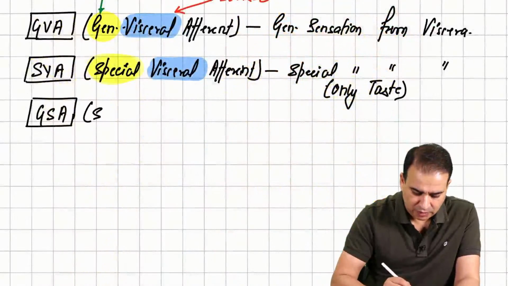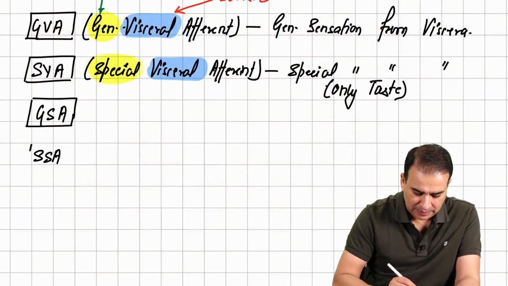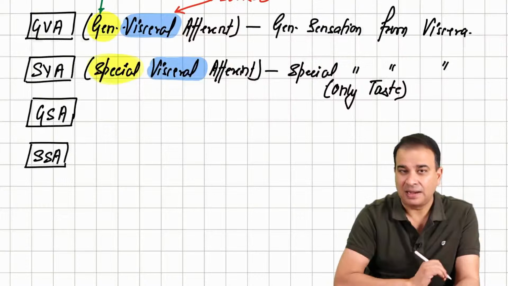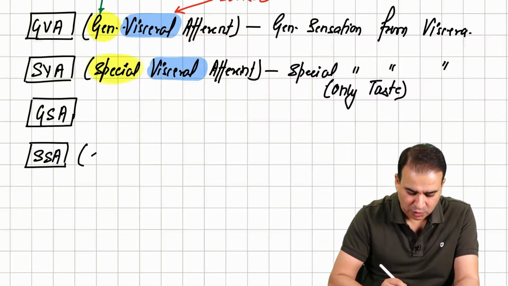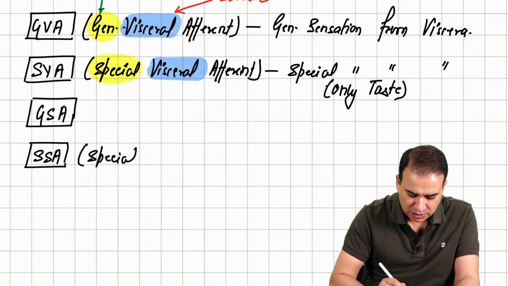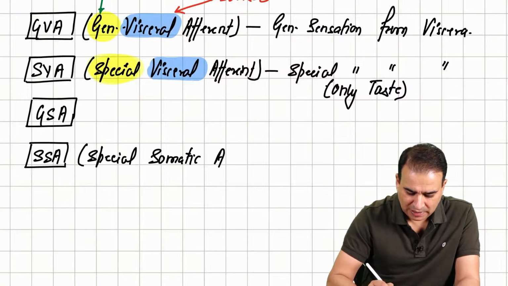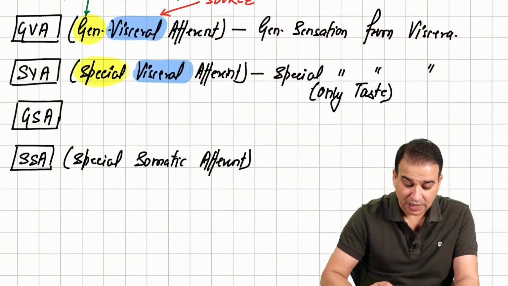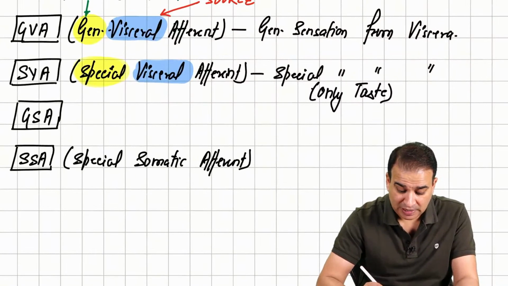The column here is SSA, that stands for special somatic afferent. Let me write the name of this column first: special somatic afferent. And just to tell you, what comes under the special somatic afferent?